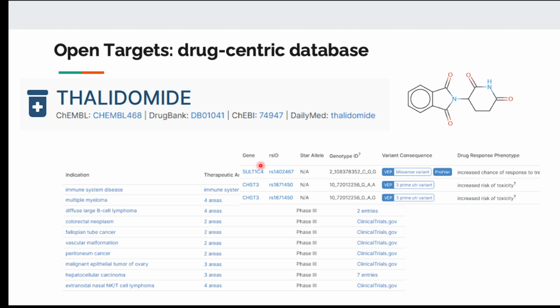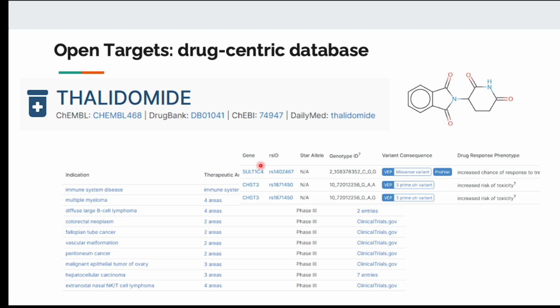So you can get more information before you proceed to do experiments with this drug. So these are the first group of examples of online websites and online databases that will give you a bunch of information about genes, about proteins, about drugs.